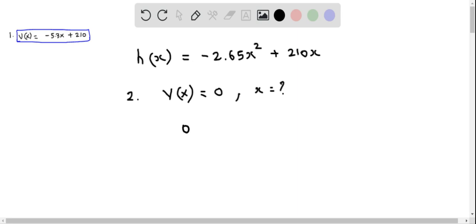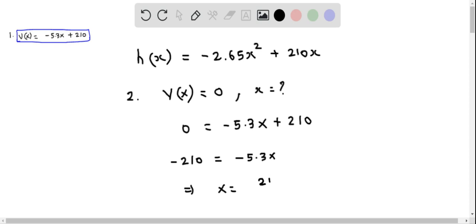So when I plug in v of x equal to 0, I get 0 equals negative 5.3x plus 210. I subtract 210 from both sides, so I will get negative 210, and this equals negative 5.3x. So solving this, we get x equals 210 divided by 5.3.